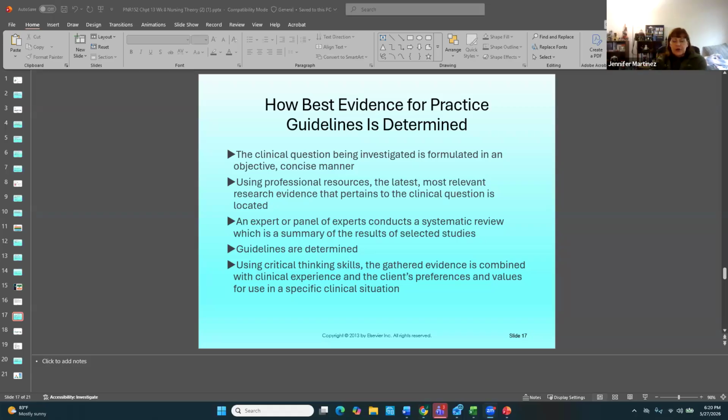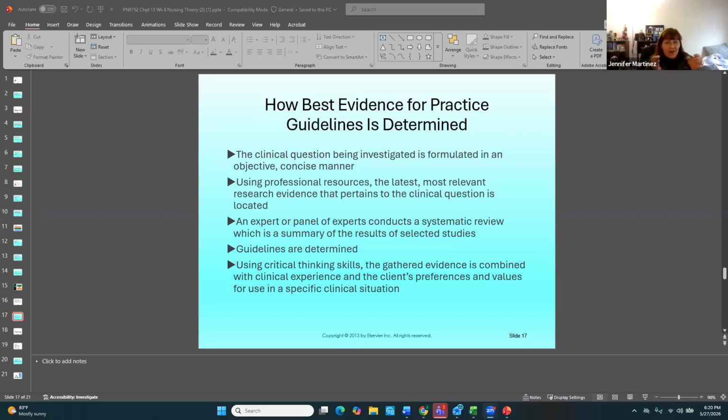So, you can go into one of those databases and put in fall prevention in the elderly or in a hospital setting, whatever it is. You're going to get your articles, and then they're going to review the articles and see what fall prevention practices have been utilized to help prevent falls.